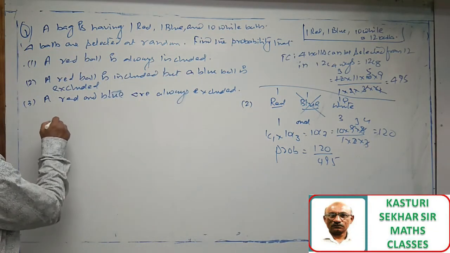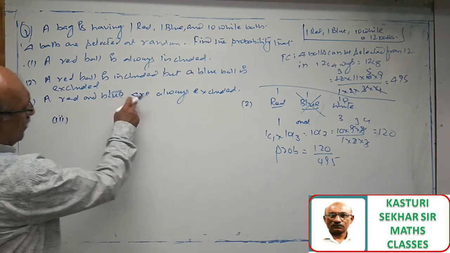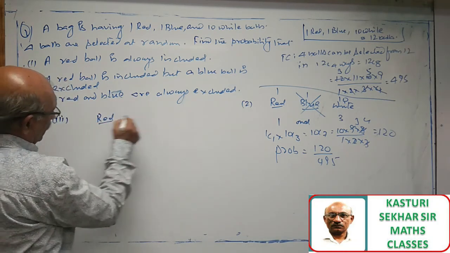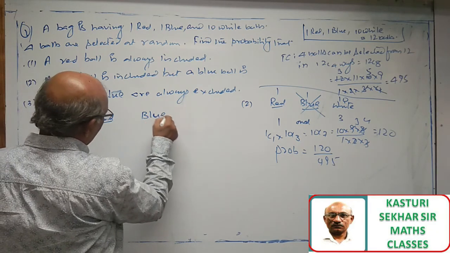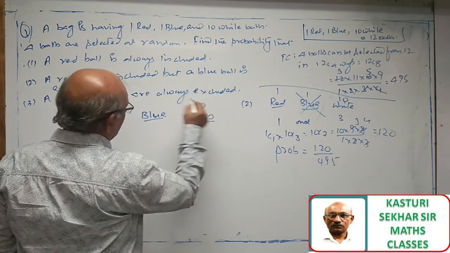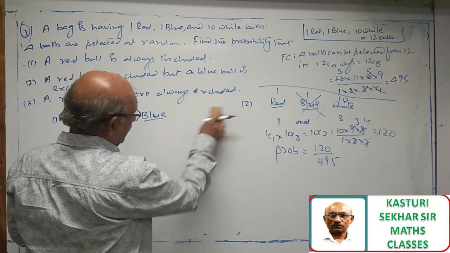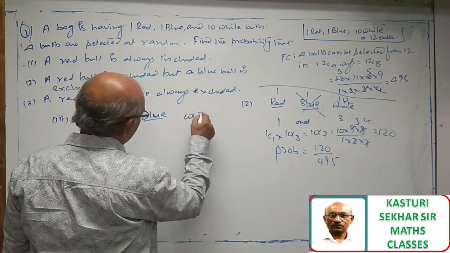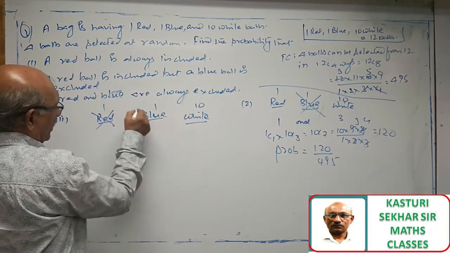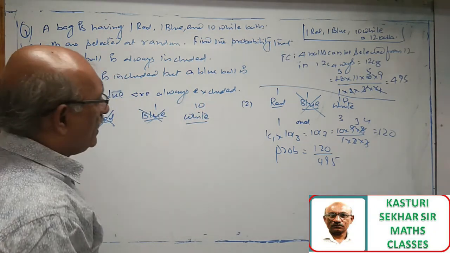Let us see the third one. Here, red ball and blue ball are always excluded. This is red, this is blue, and others, sorry, white: 10, 1, 1. Red ball is excluded, blue ball is excluded.